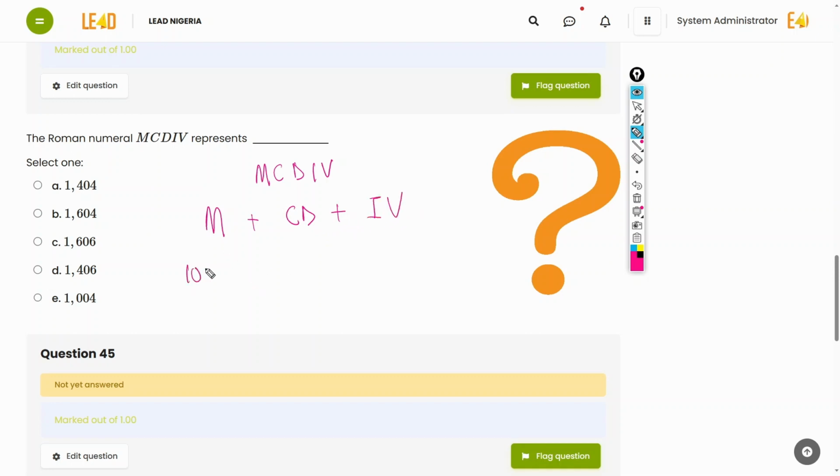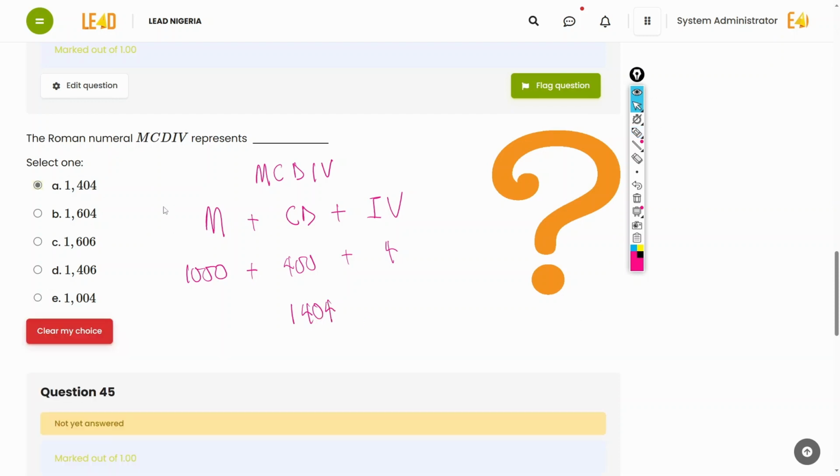So this is 1000, which is a multiple of 1000, plus this is 400, which is a multiple of 100, plus this is 4. So it is 1404. That's option A.